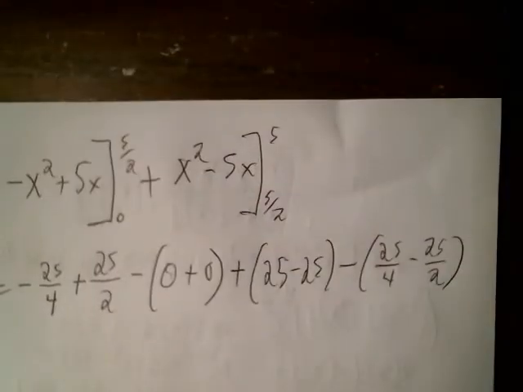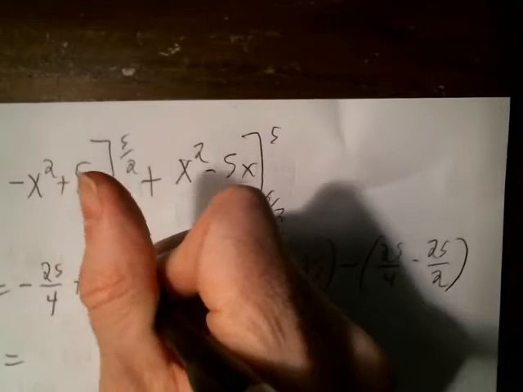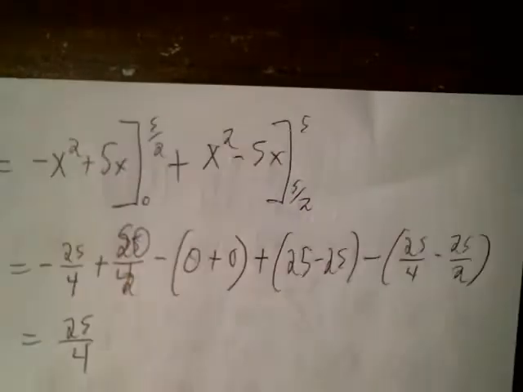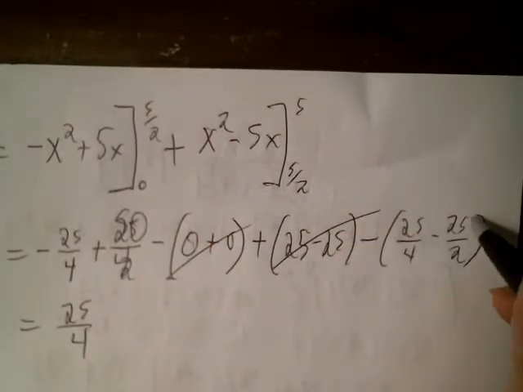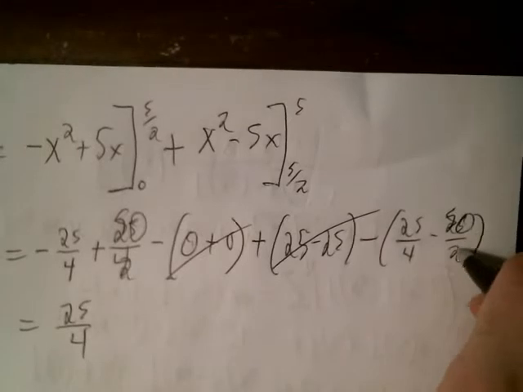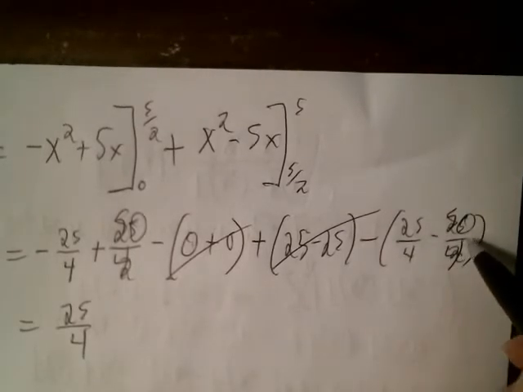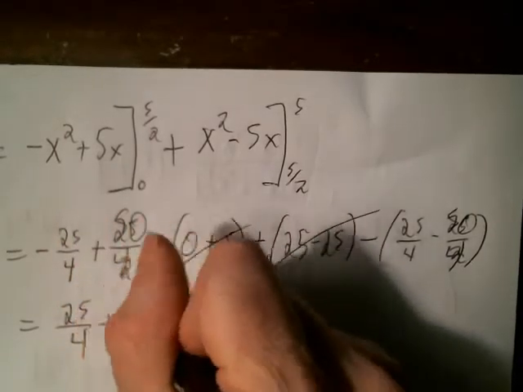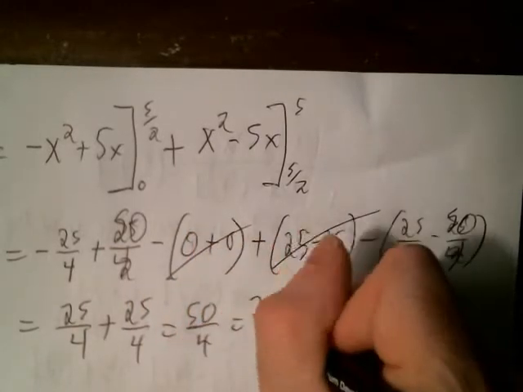So going at it on a common denominator here, this will be 50/4. So 50/4 minus 25/4 is 25/4. These are 0, this is 0, and then minus, this will be 50/4. 25/4 minus 50/4 is minus 25/4, but it'll be positive, so plus 25/4. So that'll be 50/4, which will be 25/2.